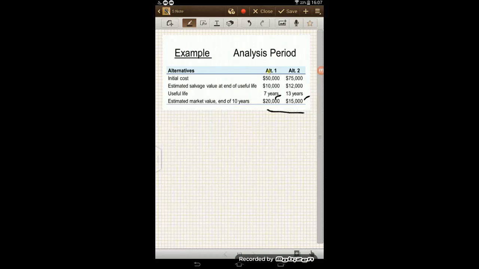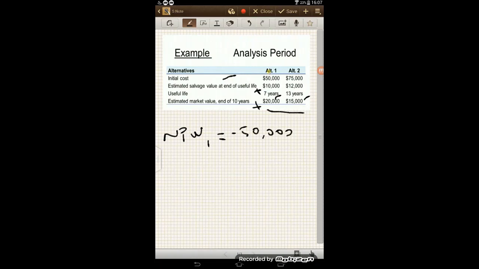So let's divide it again. The initial cost is going to be minus, the estimated salvage value, which we are going to sell it at, is plus, and the estimated market value after 10 years is again plus. Let's make it the net present worth for the first option, alternative 1. At the present, we are buying for 50,000, so it's minus 50,000.